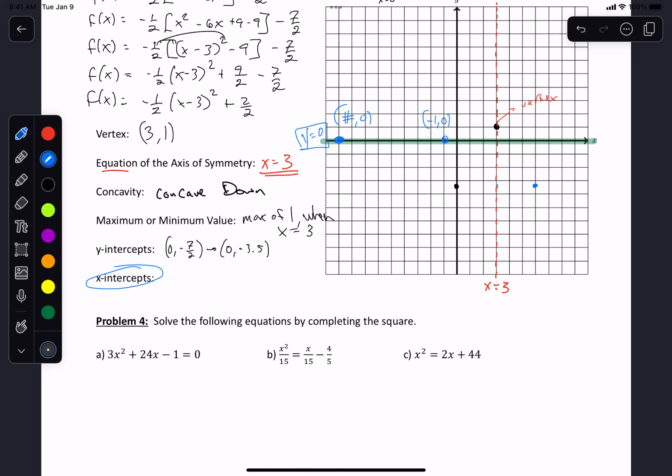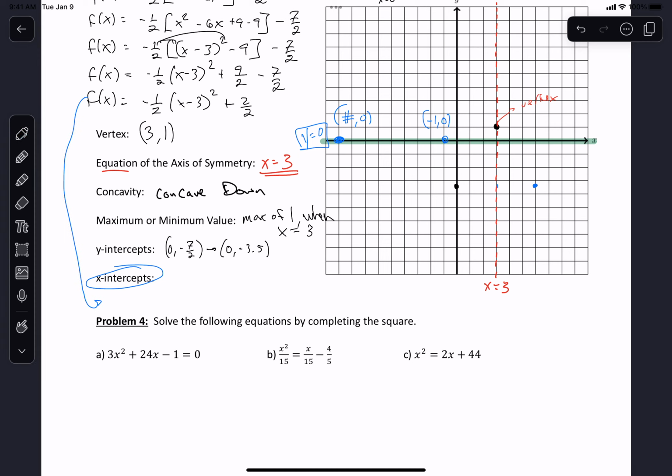So what I'm going to do is I'm going to take my function, I'm going to bring it down here, okay? And I'm going to solve for x, given that f of x is equal to 0. Okay, so what do we get? We get 0 is equal to -1/2 times x minus 3 squared, and then plus 1, sorry.